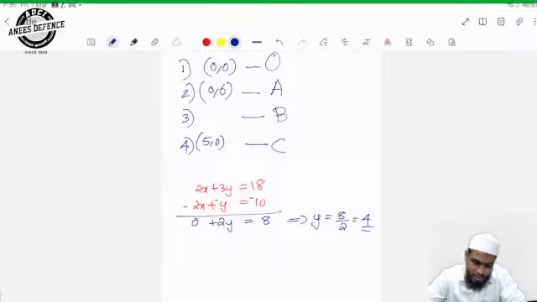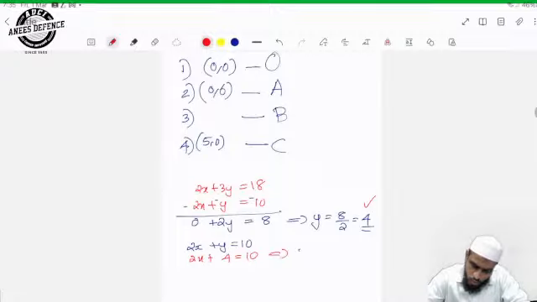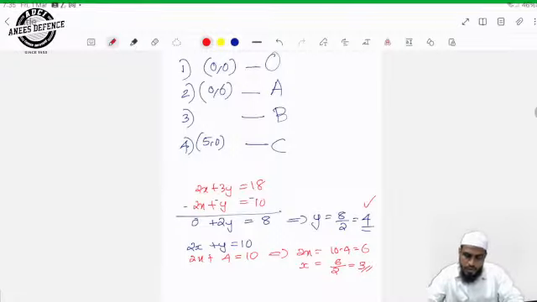Then you can select any of the equations. 2x plus y equal to 10 is one of our equations. Since we already received y equal to 4, just put 2x plus 4 equal to 10. Therefore 2x is equal to 10 minus 4 equal to 6. So x is equal to 6 by 2, that is 3. So you are getting x equal to 3 and y equal to 4.